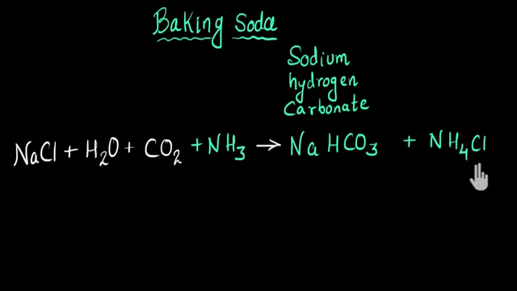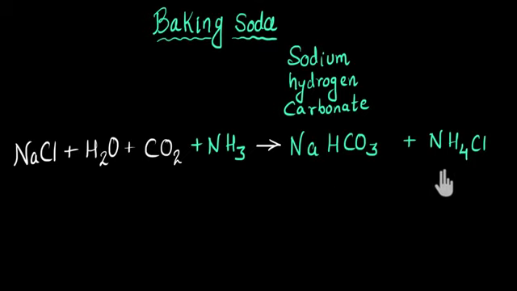So okay, to make baking soda, I need 4 ingredients: sodium chloride, water, carbon dioxide, and ammonia. Don't forget this one. I usually forget this one, okay? Don't make this mistake. So we need 4 reactants and then I'll get baking soda or sodium hydrogen carbonate. And along with this, one more product is getting formed, ammonium chloride.